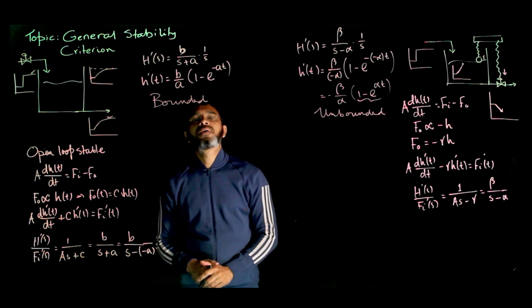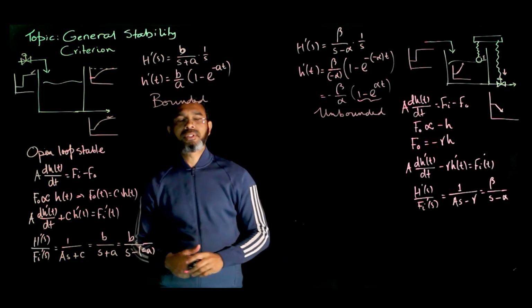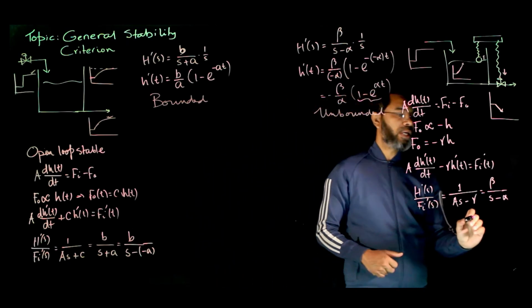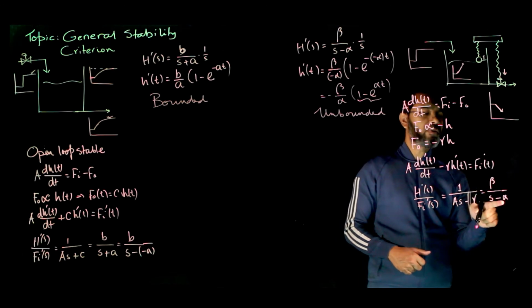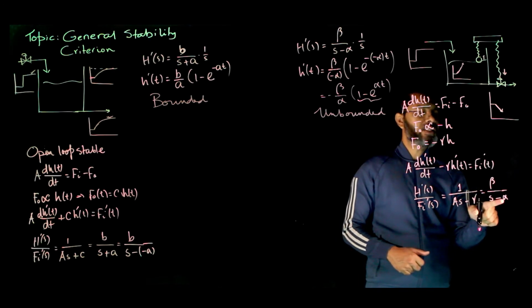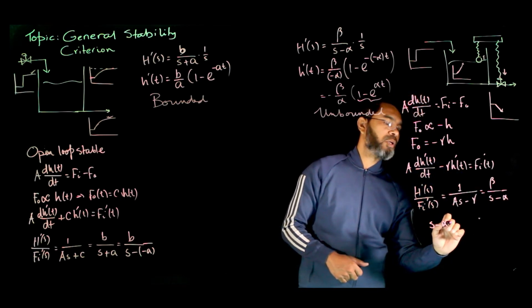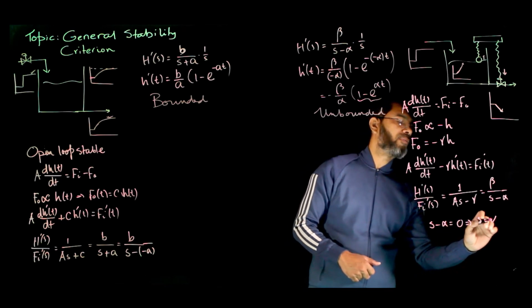Now what is the relation between this and the transfer function then? If we look at this transfer function, I can write it as beta over s minus alpha. This is the pole-zero formulation. So you see the pole is nothing but the solution of the denominator polynomial, so s becomes alpha.